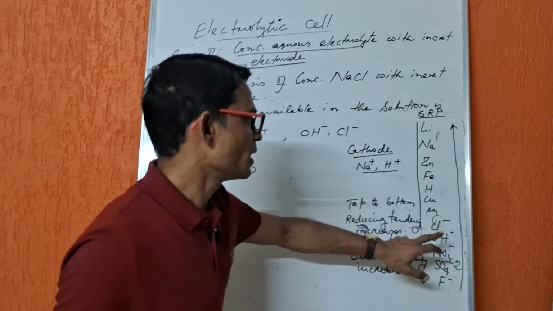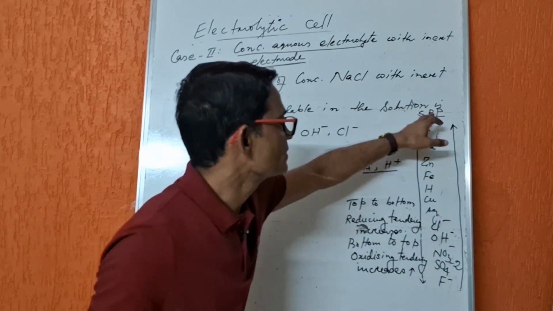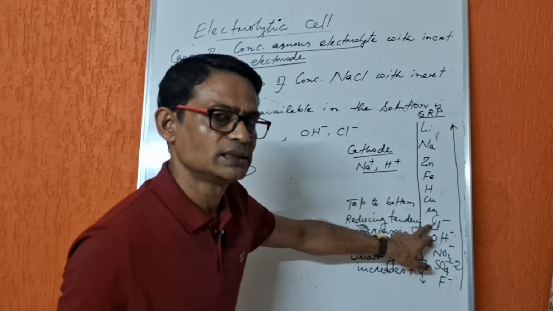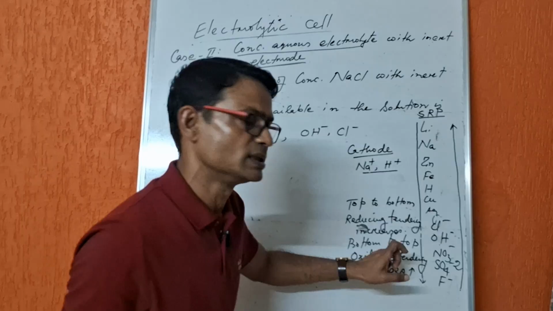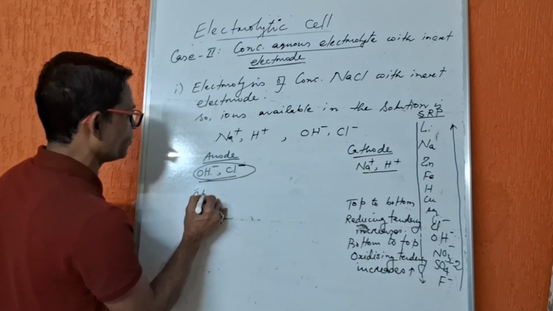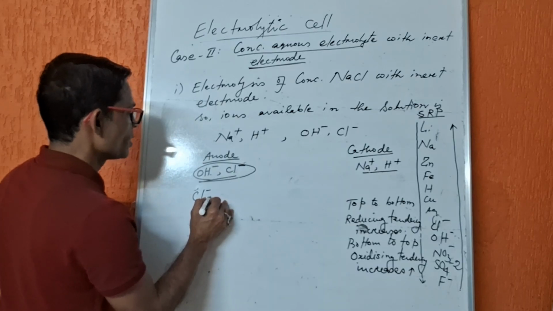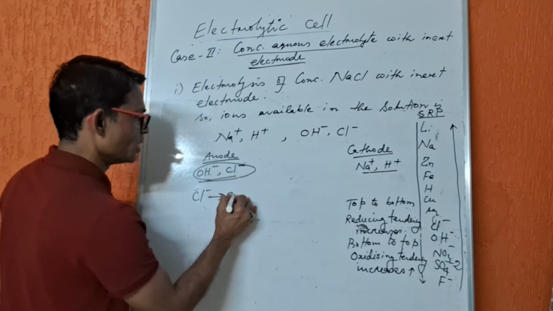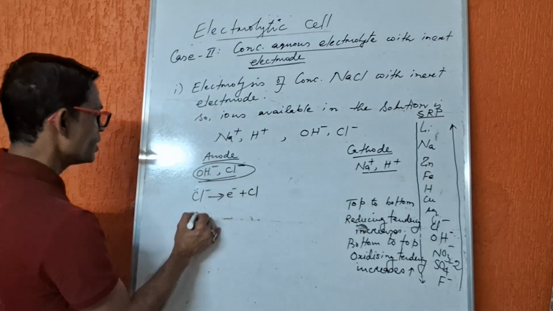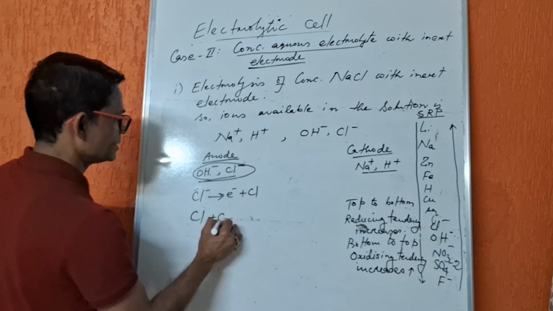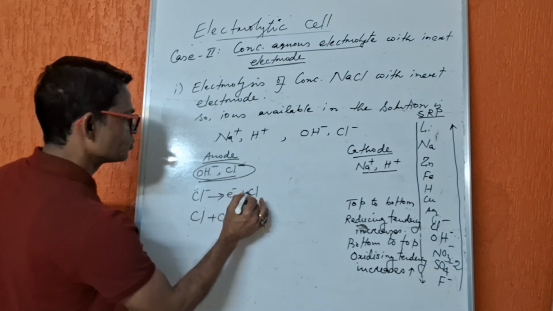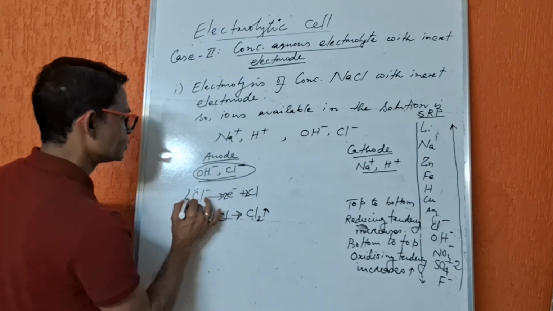From the standard reduction potential series, Cl minus has the more tendency to oxidize. So Cl minus will be oxidized by losing an electron at the anode. Cl plus Cl will give Cl2.